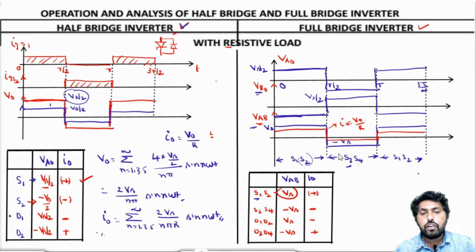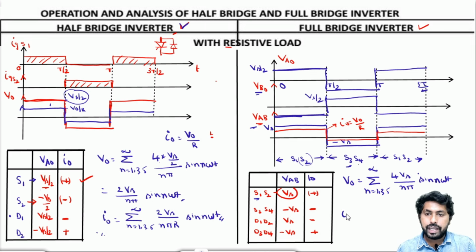So V naught equals sigma n equal to 1, 3, 5 to infinity 4 Vs by n pi into sin n omega t. So I naught equals 4 sigma n equal to 1, 3, 5 to infinity.